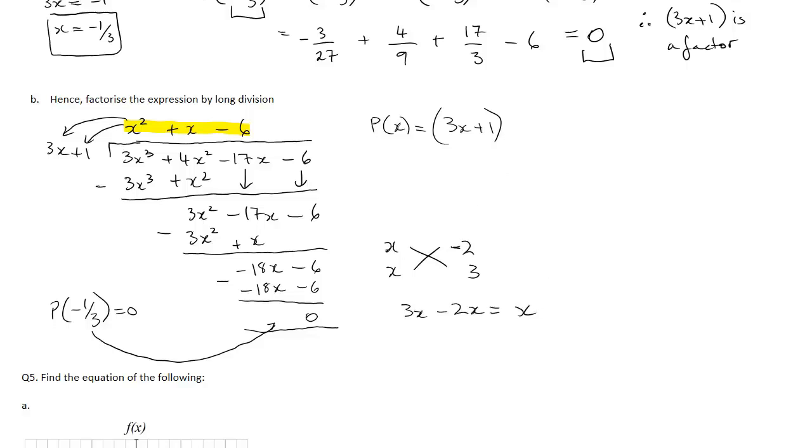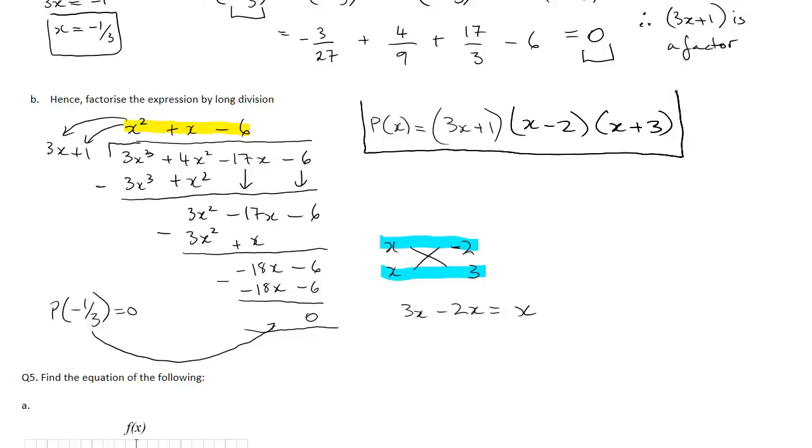So we know that this is a bracket and so is that. We plug it into our formula, x plus 3. So that's our polynomial, all nicely factorized for us now.